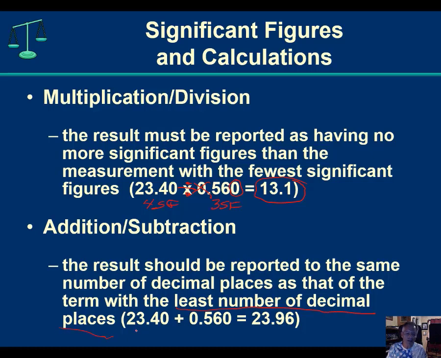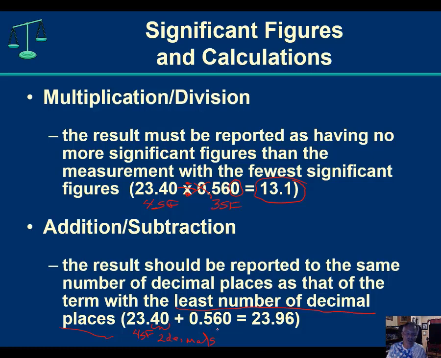So in this case, I do have 4 significant figures in this measurement, but I only have 2 decimal places. So there are 2 decimal places. And in addition and subtraction, those decimal places are going to govern how many decimal places I can report my result to.